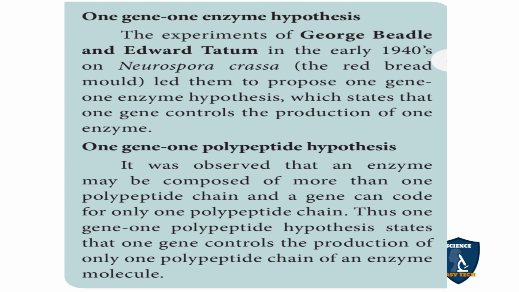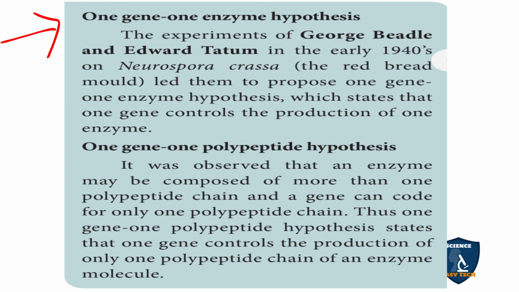So the enzyme contains so many polypeptide chains, and one gene can produce one polypeptide chain. So now you understand the one gene, one enzyme hypothesis and the one gene, one polypeptide hypothesis. The first topic was given by Beadle and Tatum. At that time, they said one gene produces one enzyme.